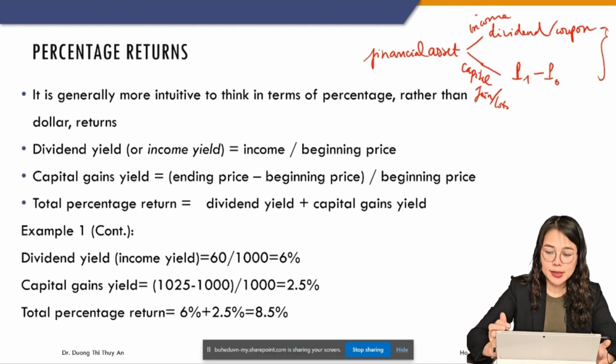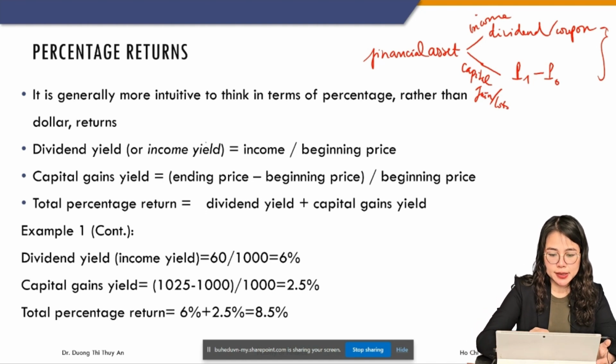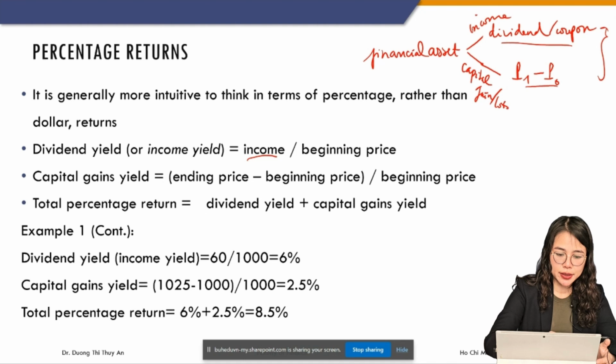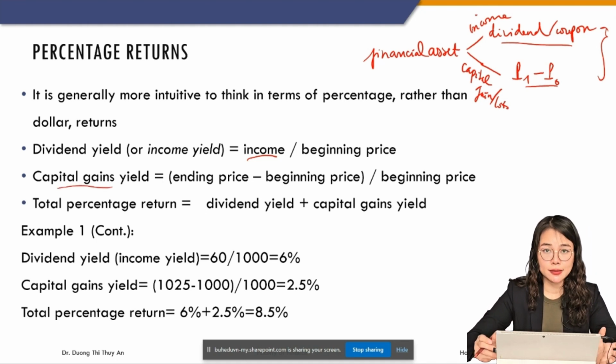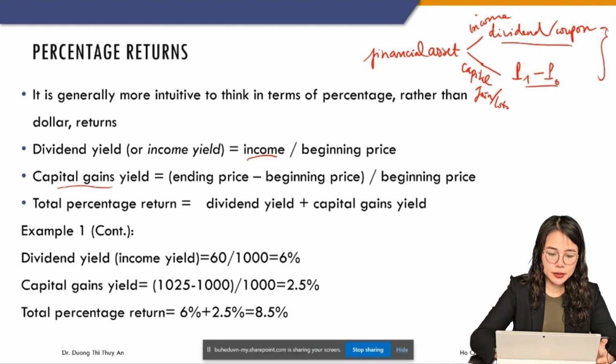So by doing so, the percentage return also comes from two sources like this. We have the dividend yield and we have the capital gain yield. The yield, lợi suất các bạn, comes from dividend and comes from what, các bạn? From capital. So this is the total percentage return. In other words, I can write it down like this.